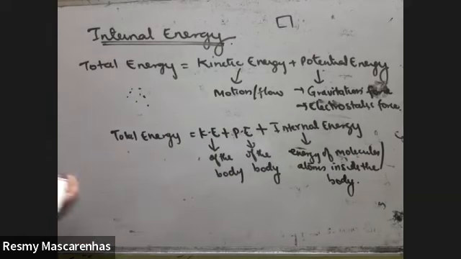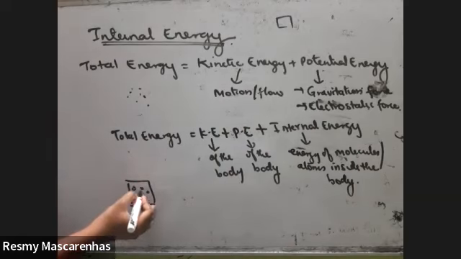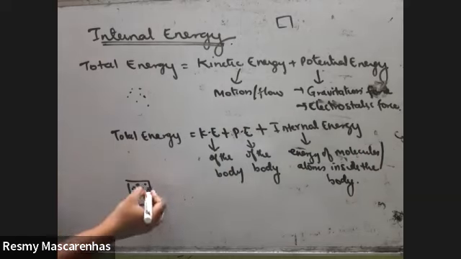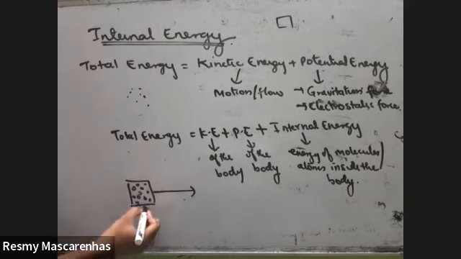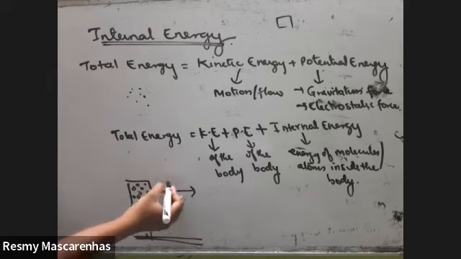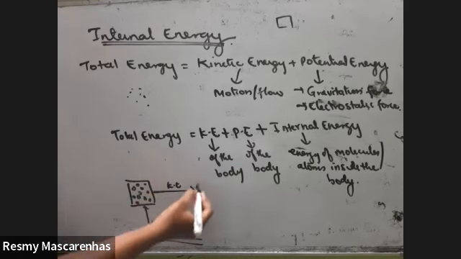Now consider a container, and there is something filled up inside, some gas or whatever. Suppose this container is moving at some height from the ground, with velocity v. Obviously it would have kinetic energy because it is moving.